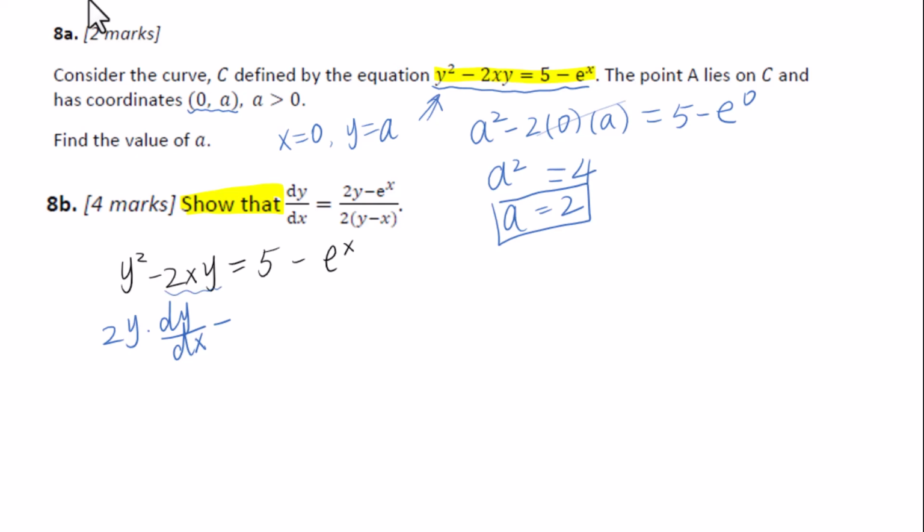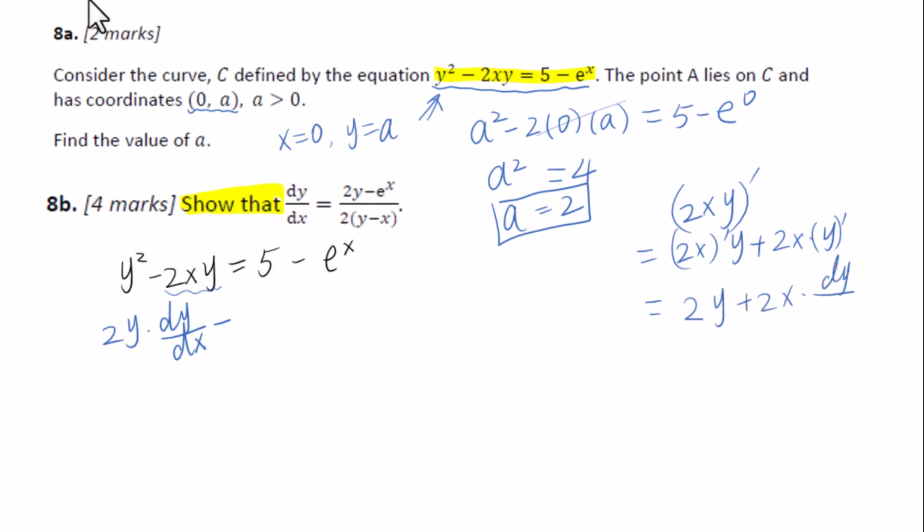Remember we have to use the product rule: 2x prime y plus 2x times y prime.